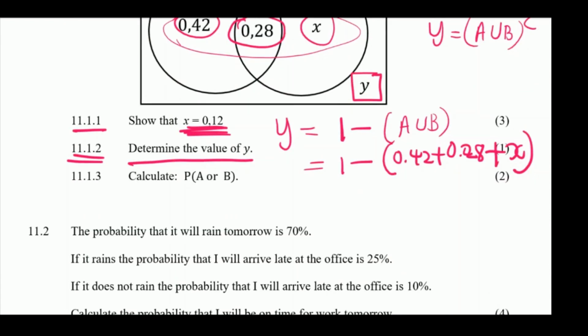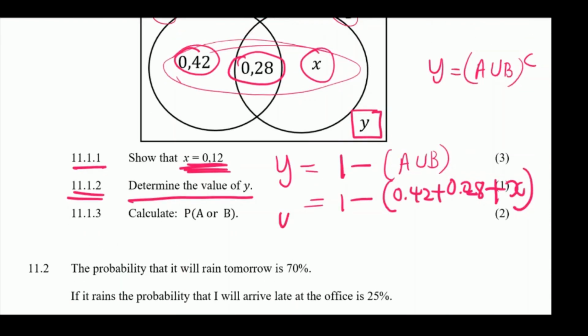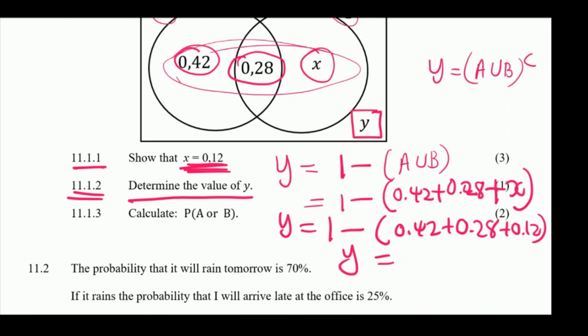So y will be equal to 1 minus, so 0.42 plus 0.28. So our x that we found is 0.12. So you punch this in your calculator, you should get y is equal to 0.18. So this is the value of y.